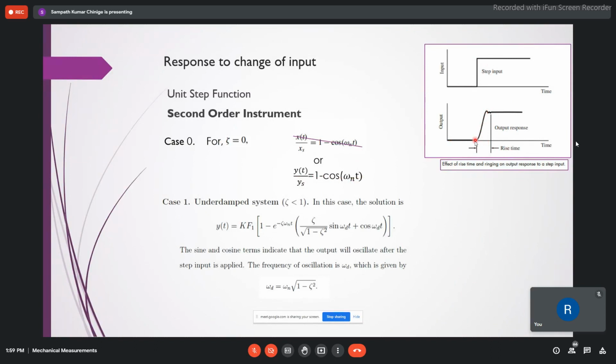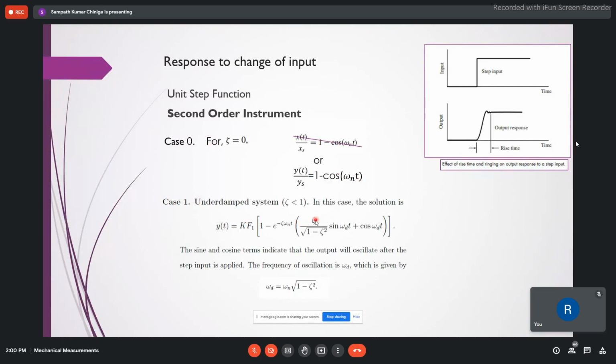It's not an increasing kind of thing and then settling down, but there are some oscillations you could see here. After that, it's getting settled. Similarly, if zeta value is 0, then the solution we are getting is in the form of natural frequency into 1 minus cos of omega n into t.